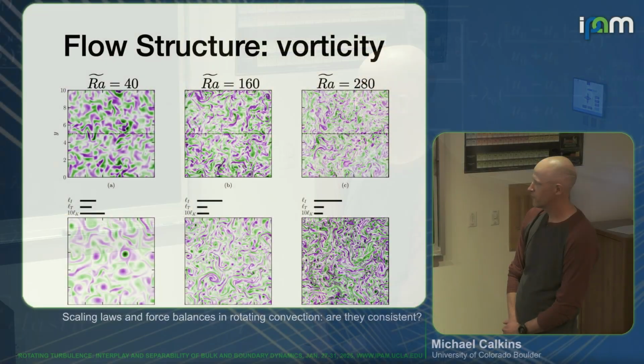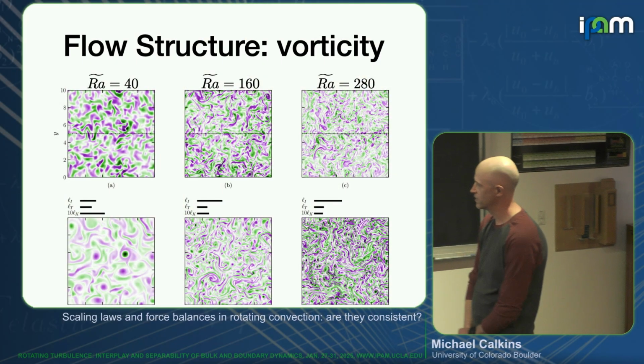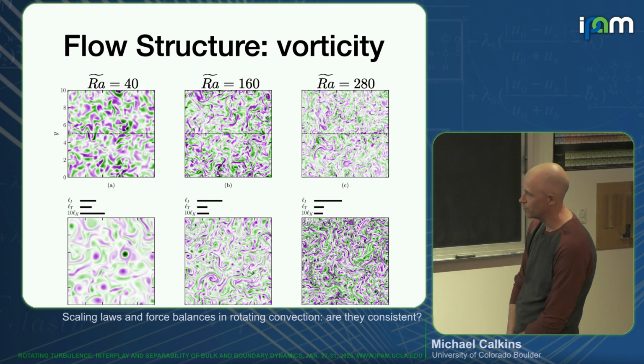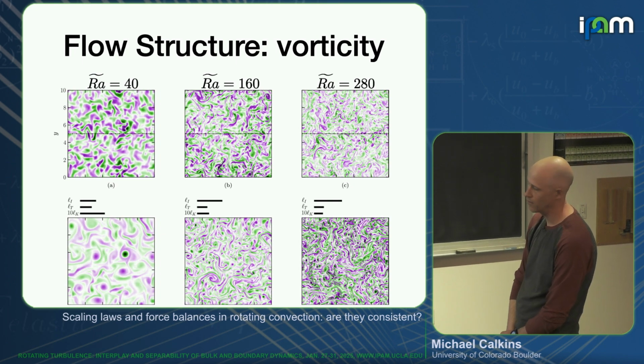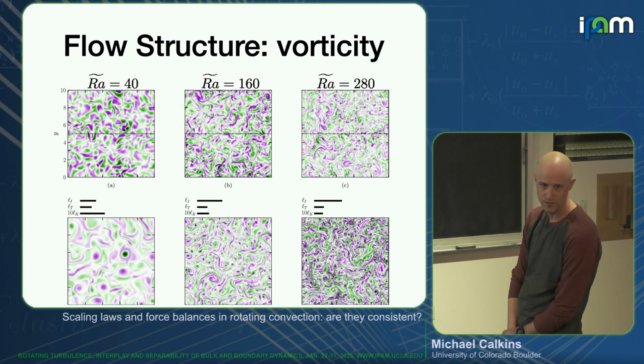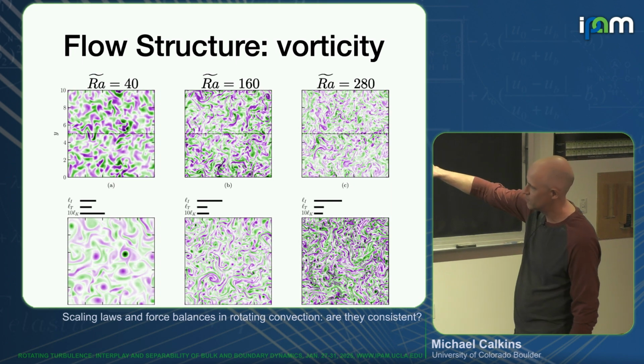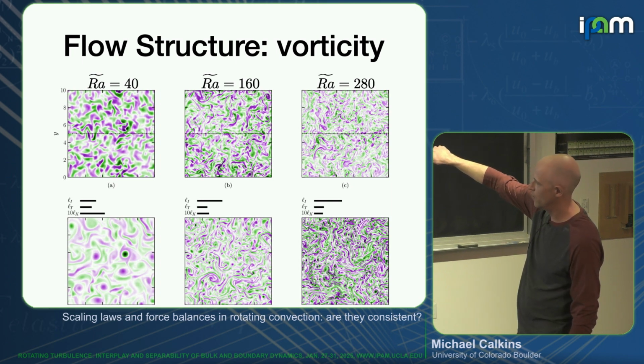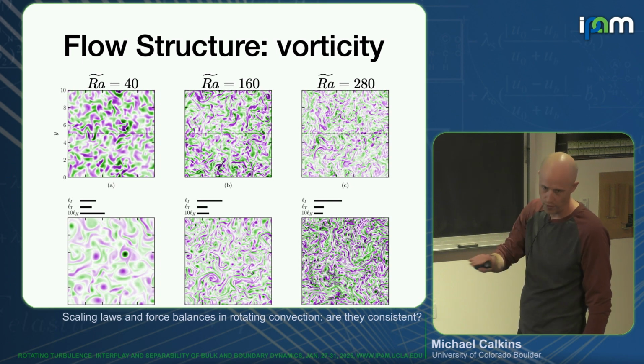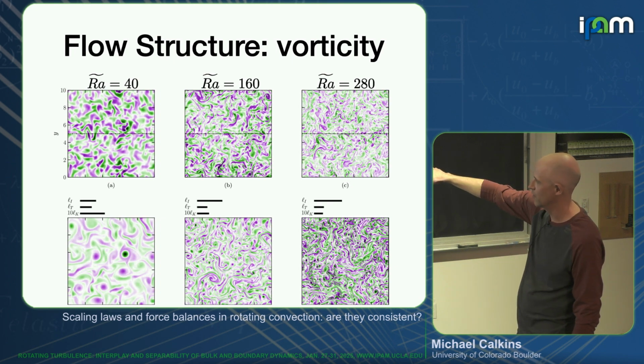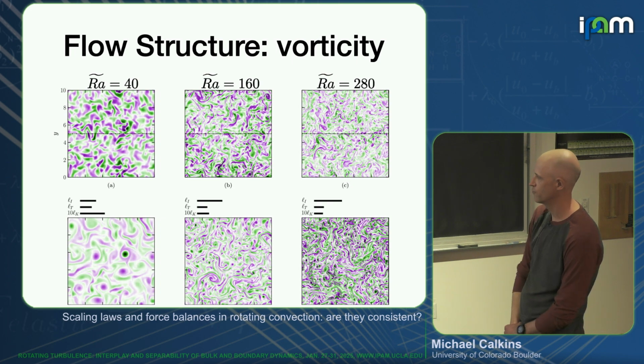Okay, so what do these flows look like? This is a plot showing you the axial component of the vorticity for a range of different simulations. The top row here is showing you the vorticity at the midplane, and the bottom row is showing you the vorticity within the thermal boundary layer, so just at a different depth. And you can see how you just get smaller and smaller scale features.